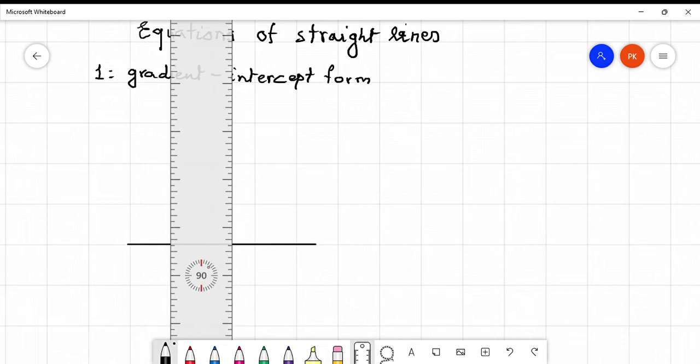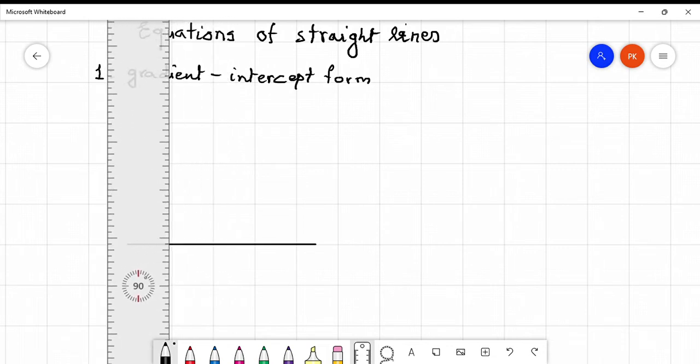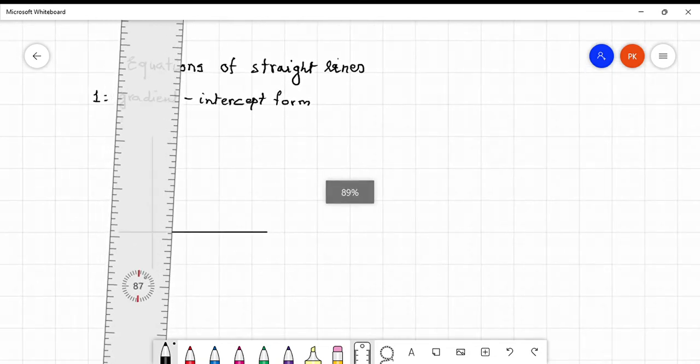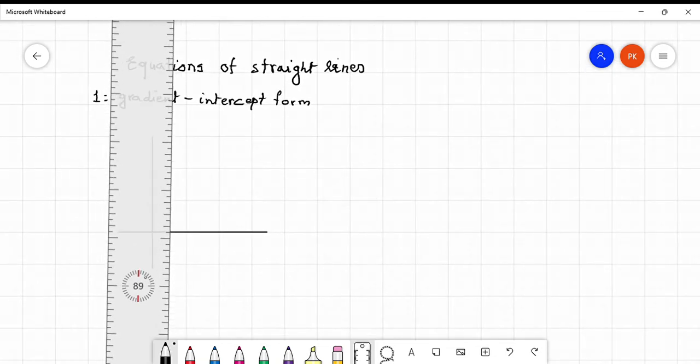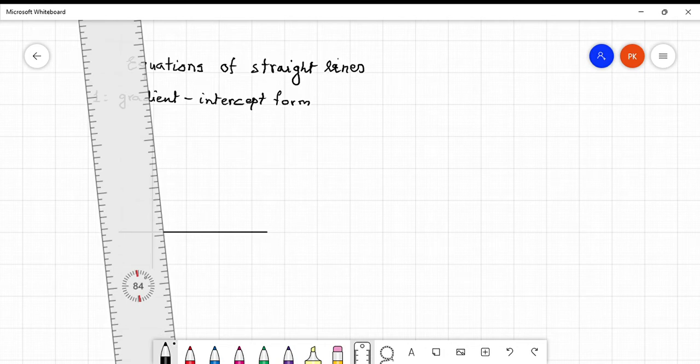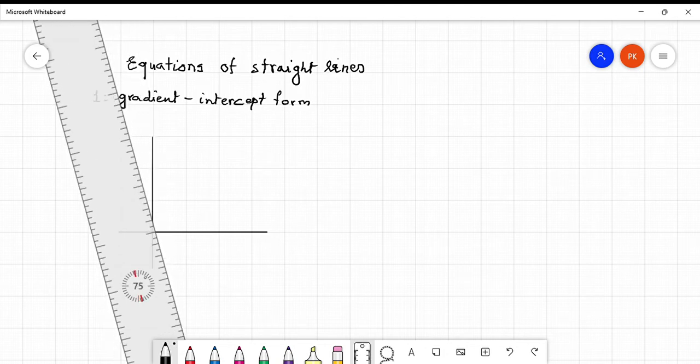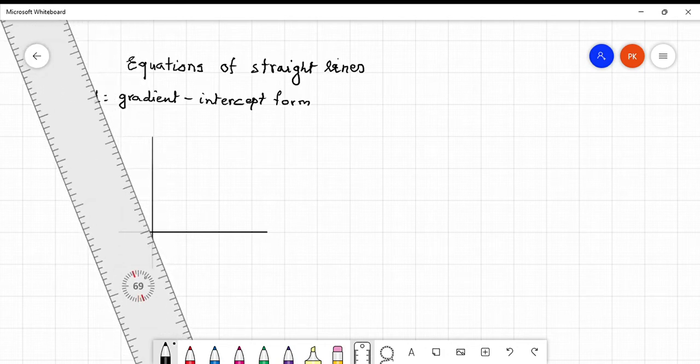Okay, so this is the y axis. And I'll draw a straight line in this xy plane.